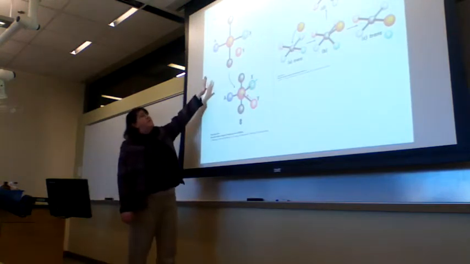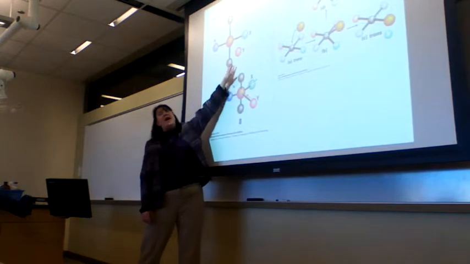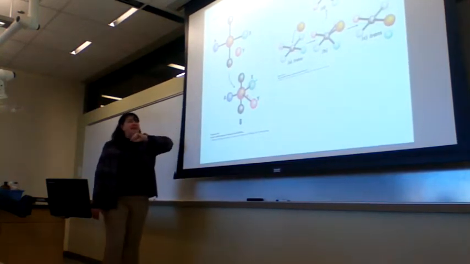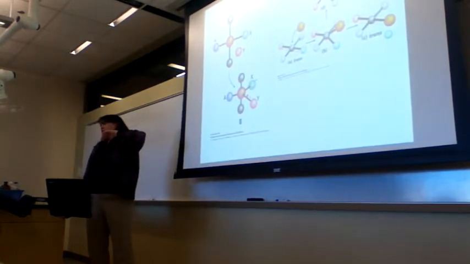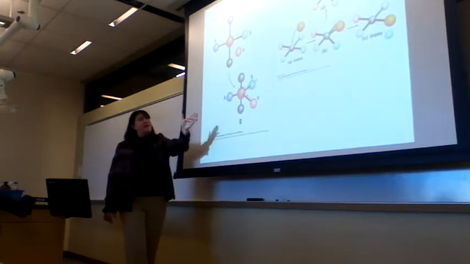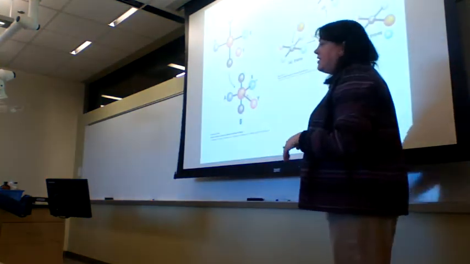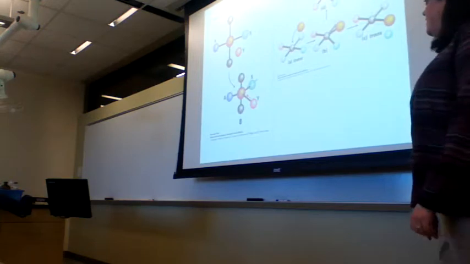In some cases the intermediate is on here. So we have a square planar complex. Y is our nucleophile. One of the possibilities is that it comes in and makes a trigonal bipyramidal structure. And so as Y goes in, X comes off. There is an intermediate where it is 5 coordinate though. So one leads to the other.